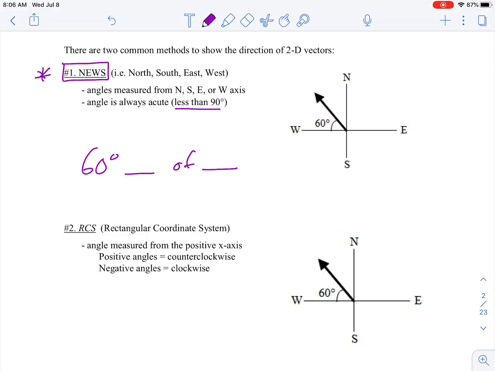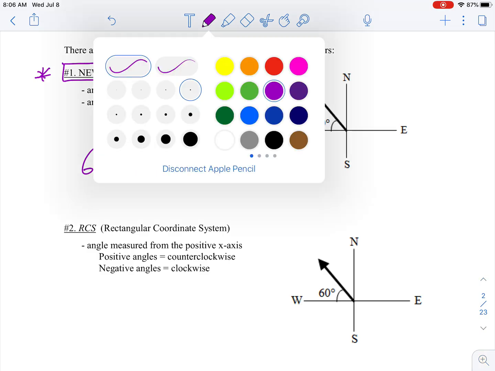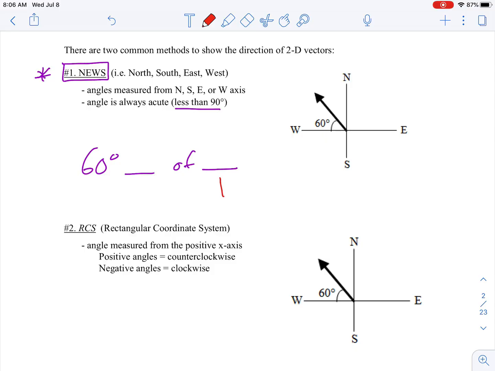But then what happens is you'll have blank of blank. And this is where you put the axes in. Now what you guys need to remember is that the second letter here is the axis that the angle touches, or the starting axis. So if you take a look at the arc of the 60 degrees, you can see that it's definitely touching the west axis. So if it's touching that axis, then that's going to be the second letter.